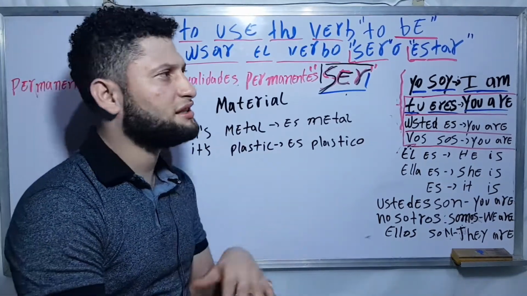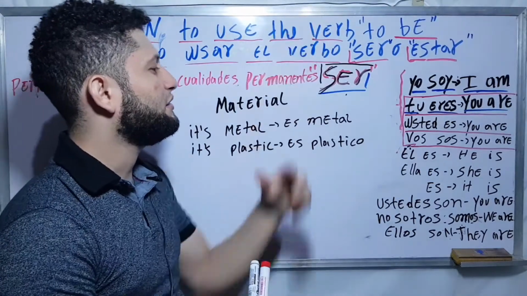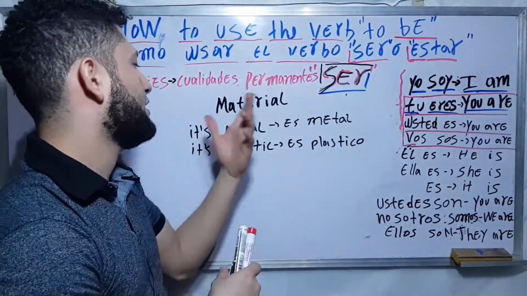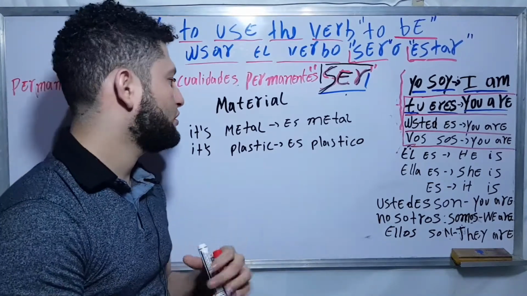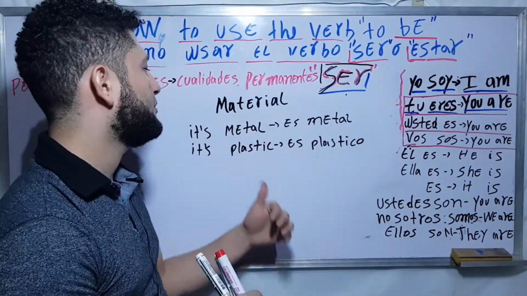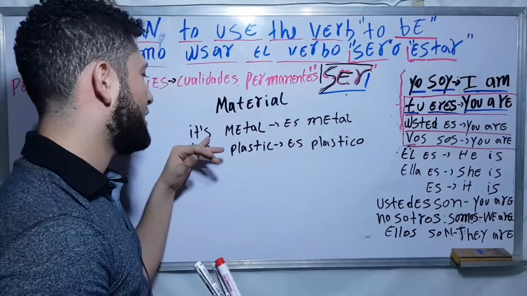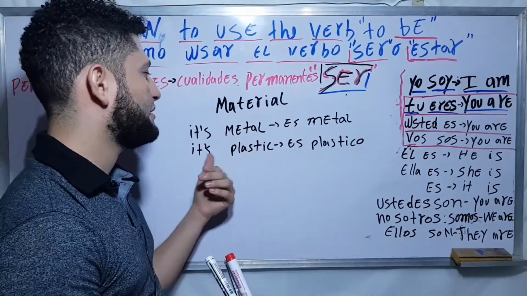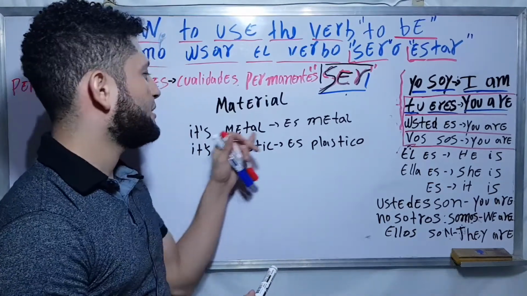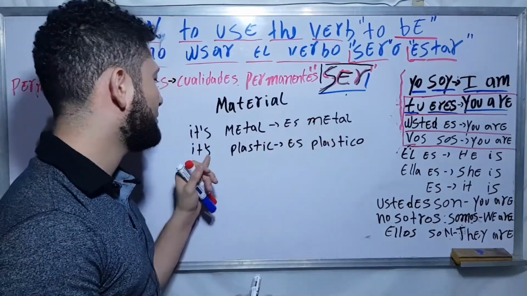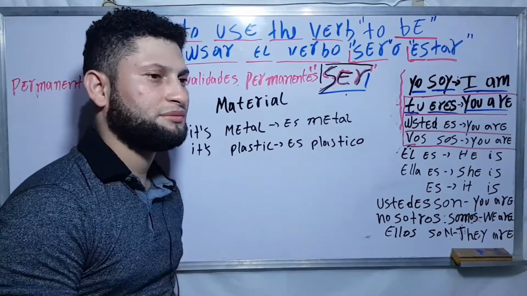If I'm not mistaken, this is the pronunciation: aluminium. So it's aluminium or any other one. Remember, you need to use the verb ser with material. So es metal, es plástico, it's metal, it's plastic.